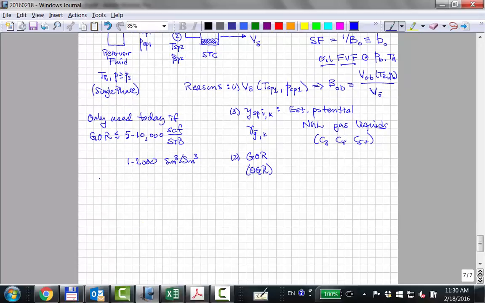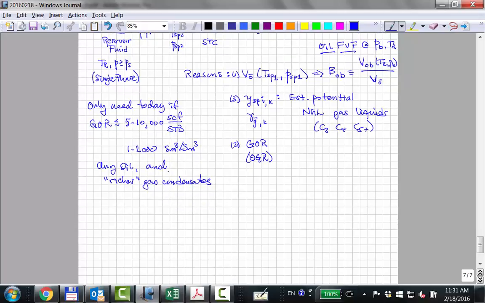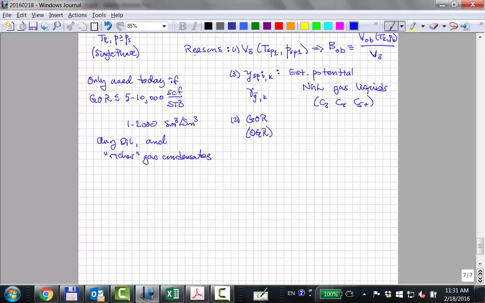So that would be pretty much any oil, of course, and what we would call richer gas condensates. And on our list of reasons for doing this test today, there's now probably one that it helps build the equation of state PVT model.